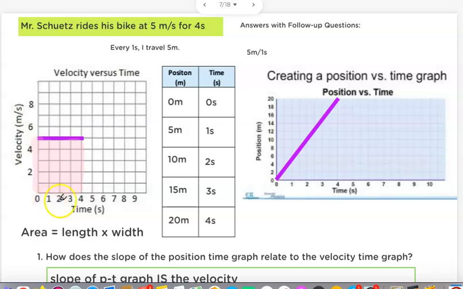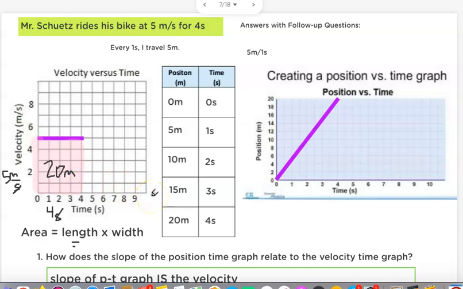Well, if we call this direction length, it is 4 seconds. What is the width here? It goes from 0 to 5, so 5 meters per second. So what's 4 seconds times 5 meters per second? The seconds are going to cancel, and you're going to get an area of 20 meters.